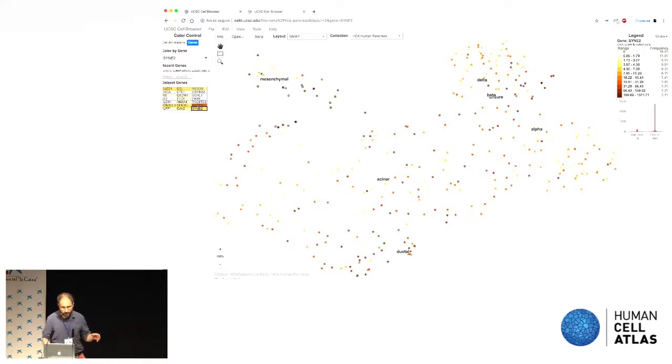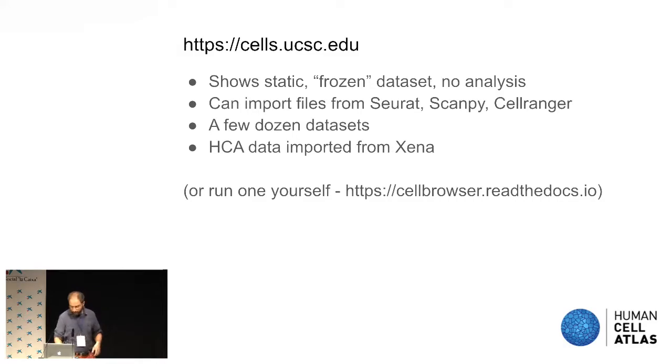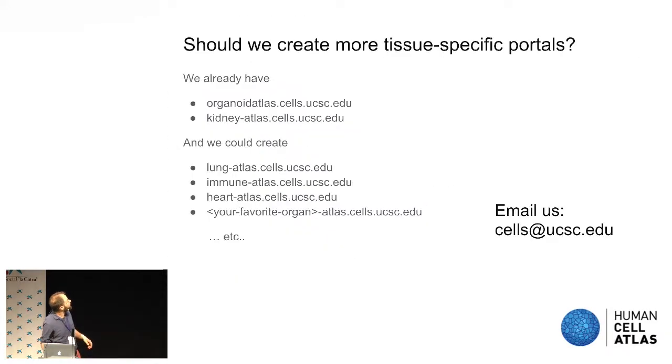I was thinking yesterday in the talks, when you talk about the portal idea, by project, like lung, that maybe I should be building different URLs, because I already have data collections, organoid atlas and kidney atlas, and maybe I should be building lungatlas.cells.ucsc.edu with all the data sets of a certain project here.